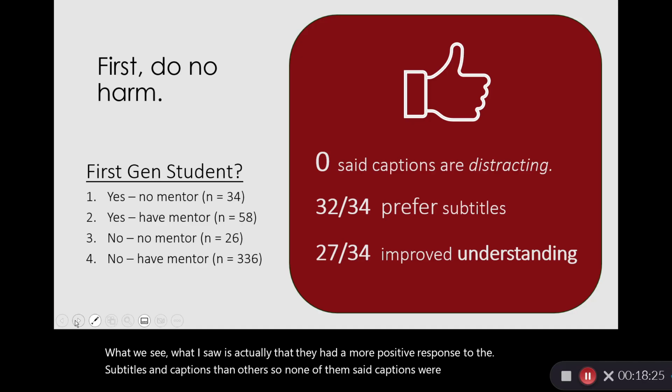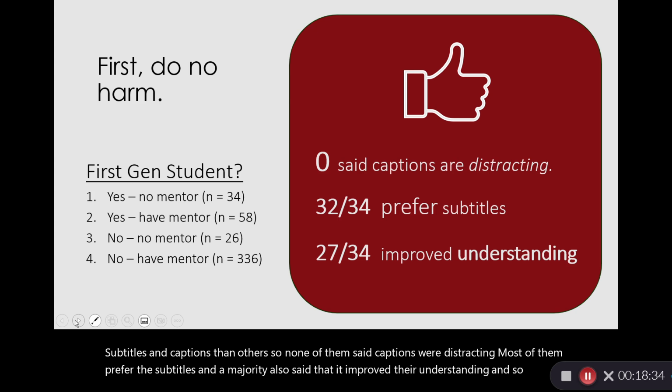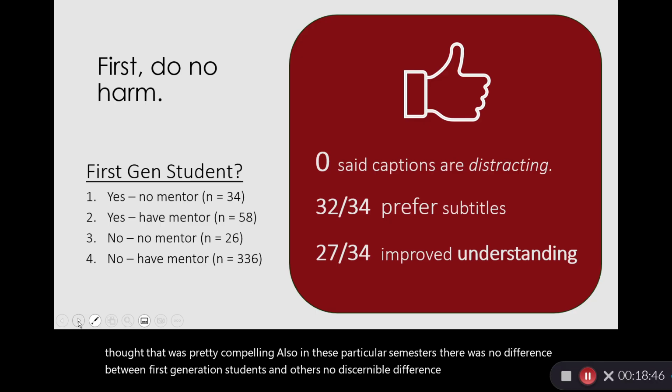Most of them preferred the subtitles, and a majority also said that it improved their understanding. And so I thought that was pretty compelling. Also, in these particular semesters, there was no discernible difference between first generation students and others in grades and concept checks, things like that.